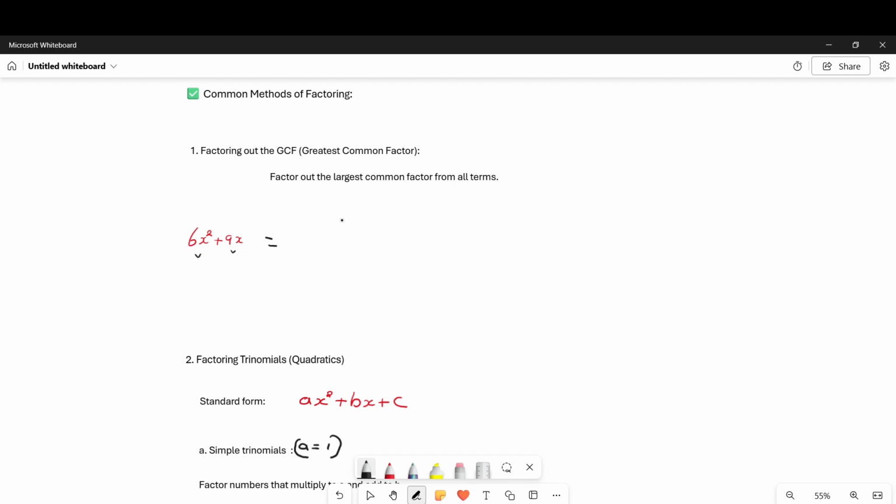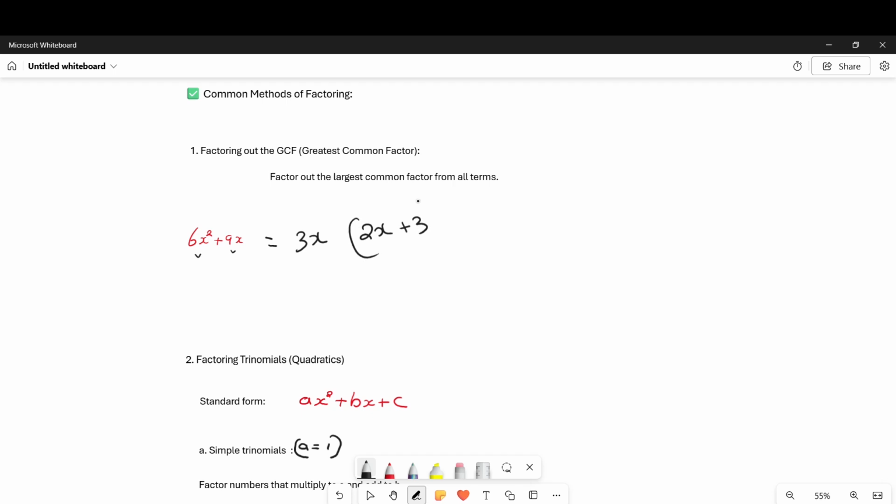Let's see what remains. The first term is 3x, which is pulled out. What's the balance here? 6 is 2 into 3, so when I take 3 out, 2x remains. And here only 3 remains.